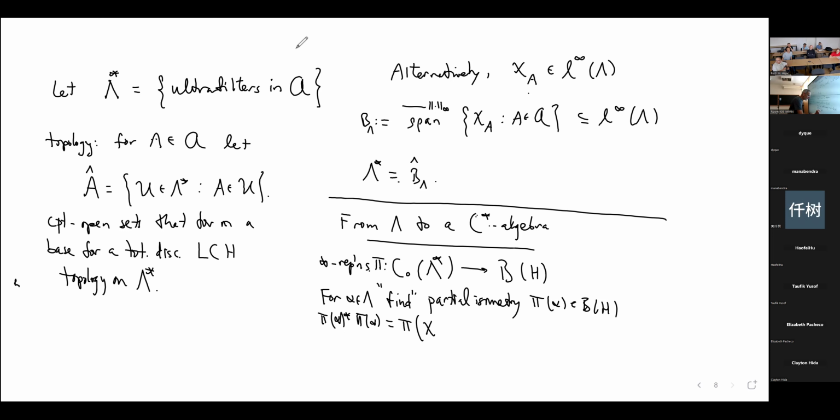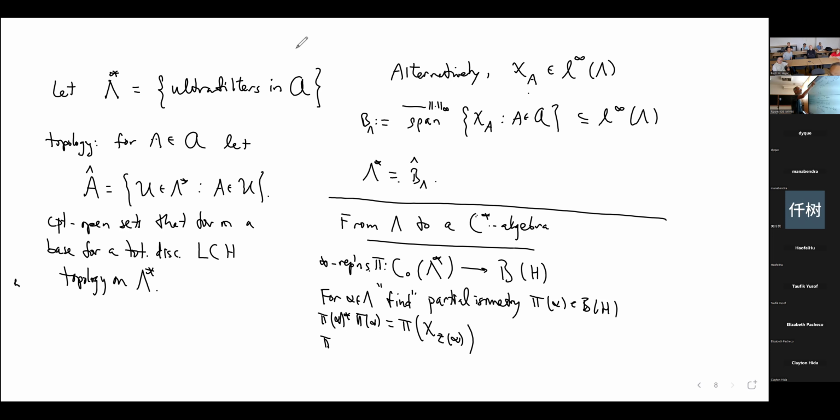So this V of alpha is the same cylinder set notation I used with graphs. It's like the principal right ideal generated by alpha, but it's in lambda star, not just in lambda. So that's the range projection.